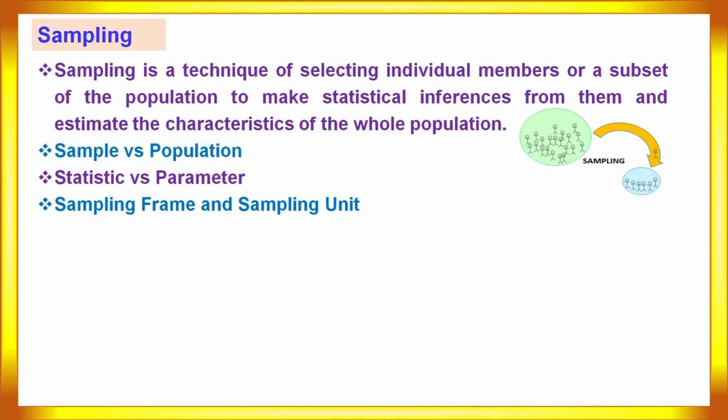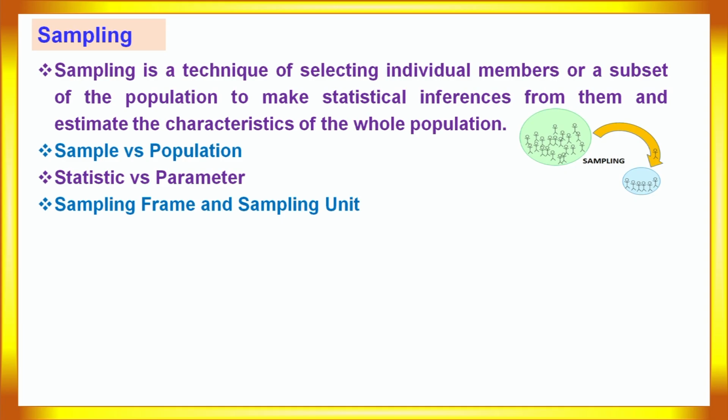Now, coming back to sampling, two other terms are related to the sampling process: sampling frame and sampling unit. What is a sampling frame? It is the list of elements in the population from which the sample is drawn.